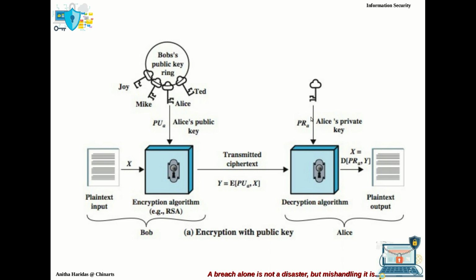Alice will be generating two keys, a private key as well as a public key, and using Alice's public key, Bob will be encrypting the data. Then the encrypted data will be transmitted, and in the decryption algorithm used by Alice, she uses her private key to decrypt the message and she gets the plain text. This is how it works when we use the public key for the encryption.